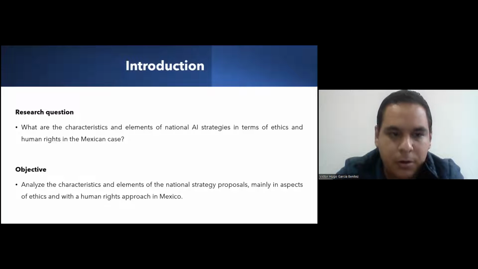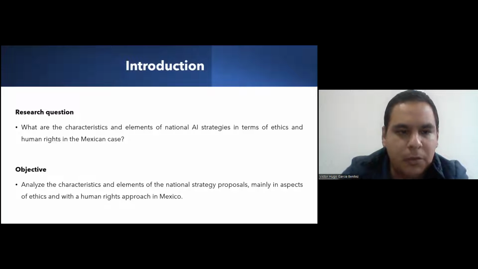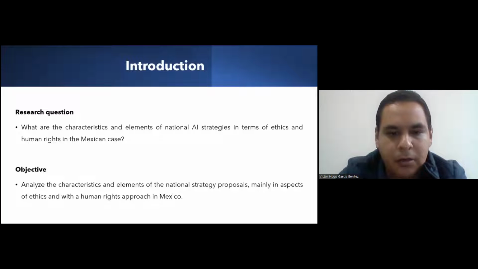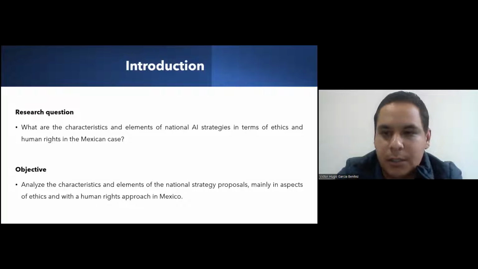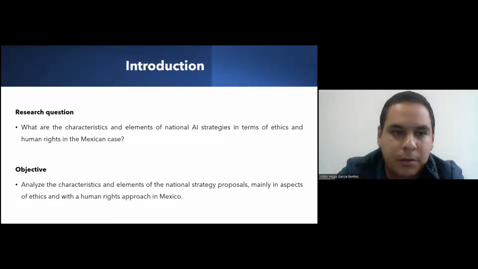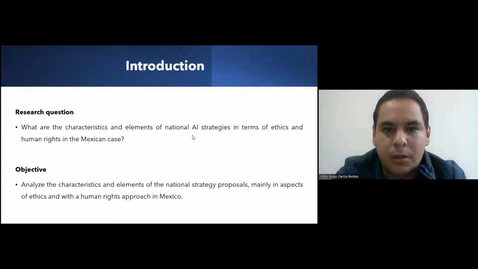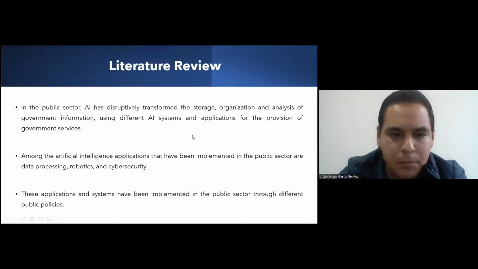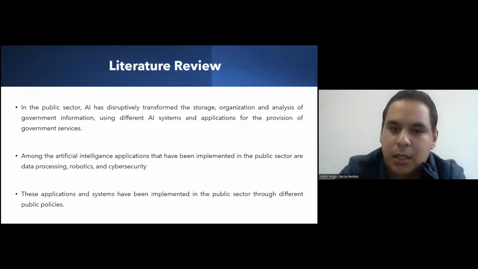As the Professor mentioned, the government is one of the sectors that has been interested in implementing artificial intelligence in different sectors of society, for example in security, transportation, health, and justice, to name a few.